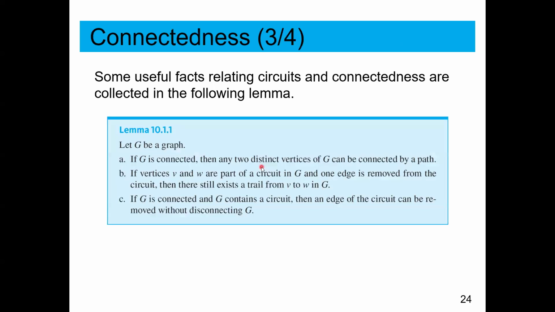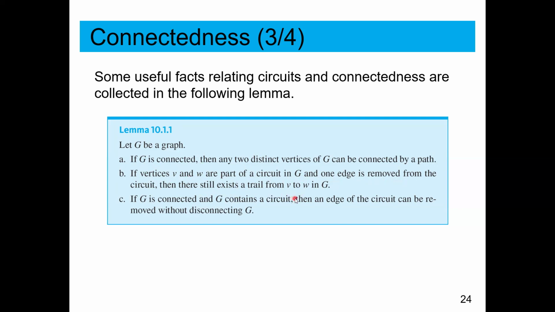All right. So this is where we get a very interesting concept. If a graph is connected, then any two vertices are connected by a path. If vertices V and W are part of a circuit, remember a circuit is a closed walk with no repeated edges, and one edge is removed from the circuit, there still exists a trail between the two.